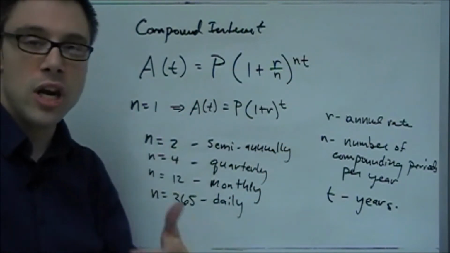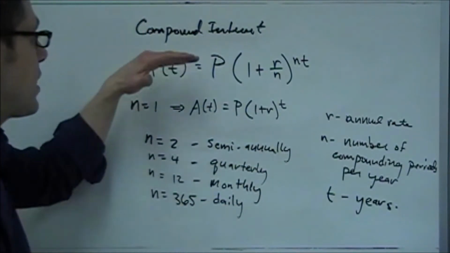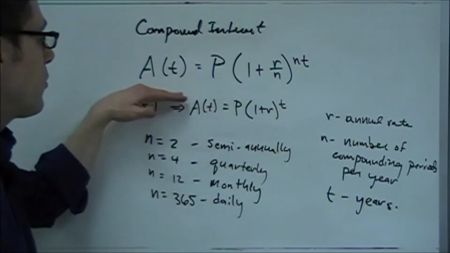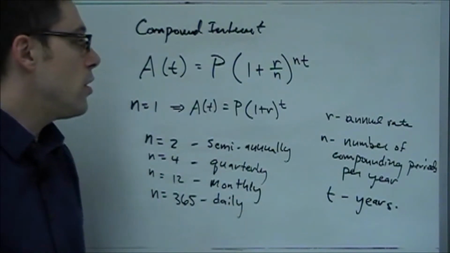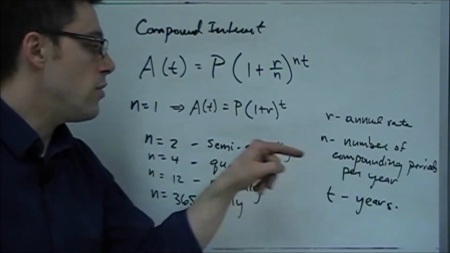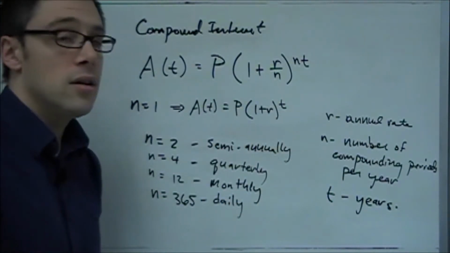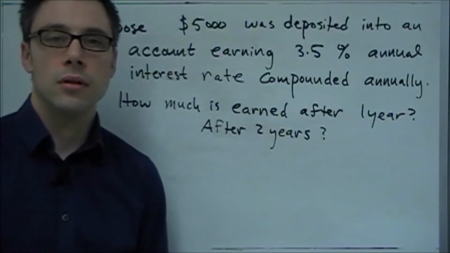T is the only thing that's really changing, for how long we have the money in the account. So this is the compound interest formula for the amount of money in an account earning this interest compounded n times per year. There are n compounding periods over t years.